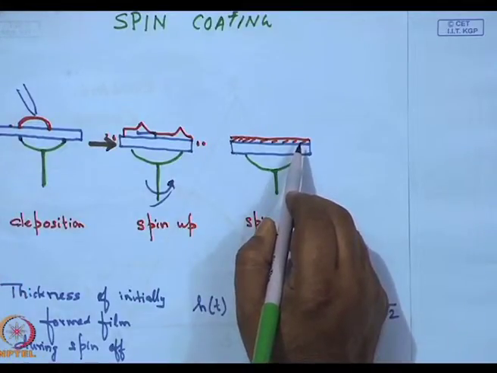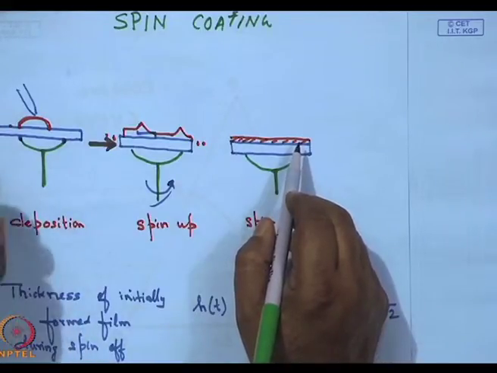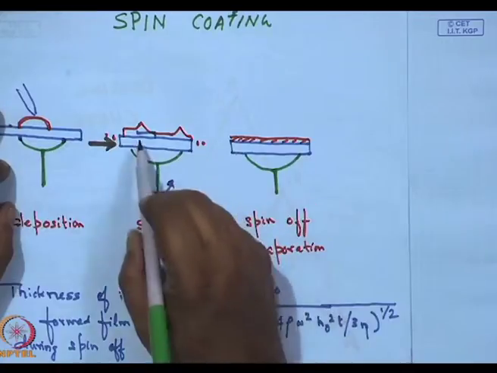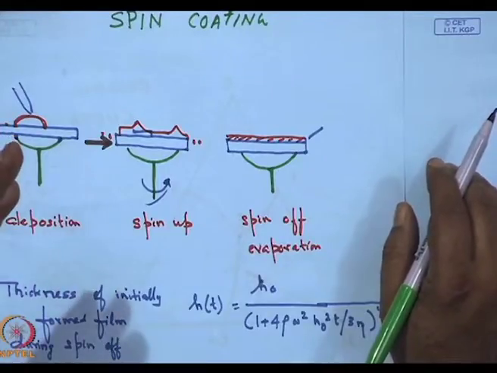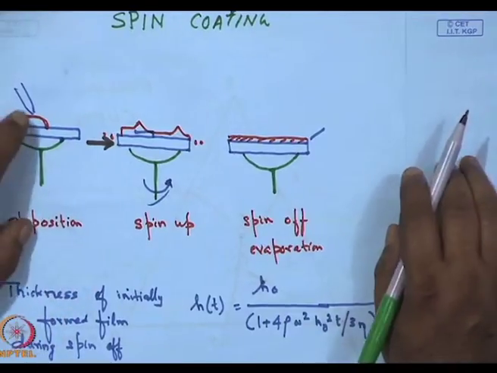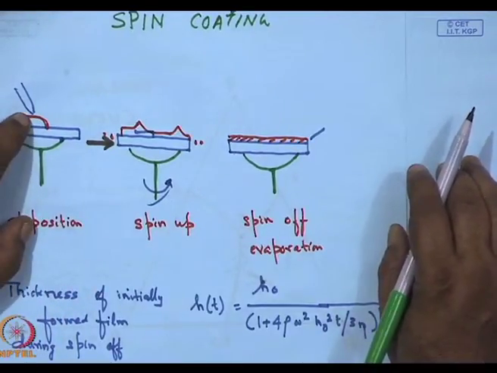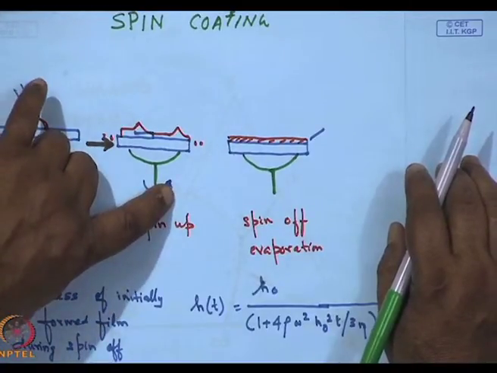In a real spin coating process, a couple of drops are added and then this sort of a surface is generated. This spin coating can be classified into two. One is deposition, where the drop is allowed to fall on the surface. Then it is spun, the spin up.